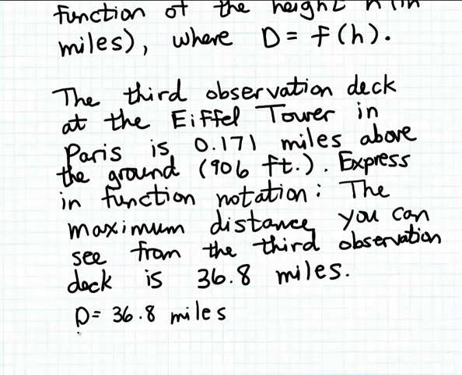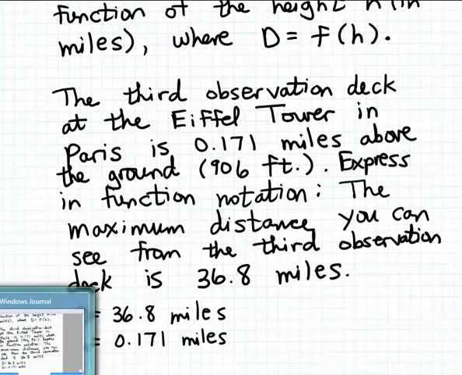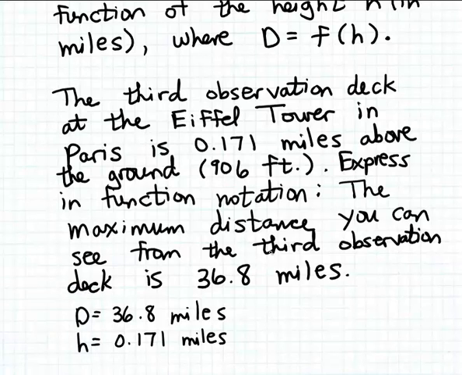And we know that the height from which we can see that maximum distance is the height of the third deck of the Eiffel Tower, so that's 0.171 miles. And so now how can we use function notation to express this statement, this sentence?